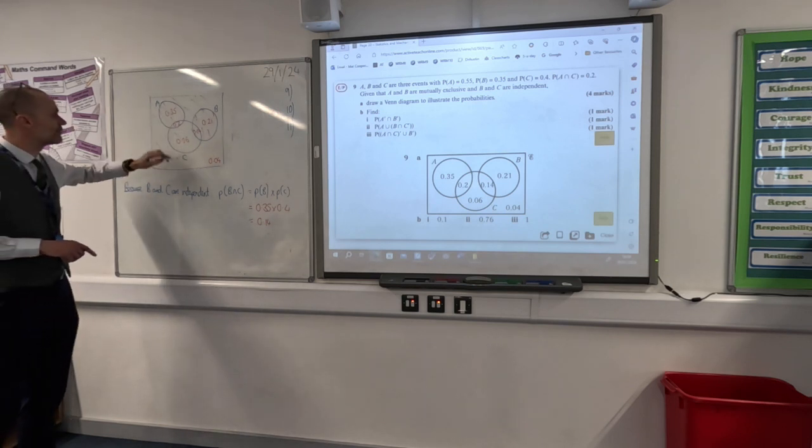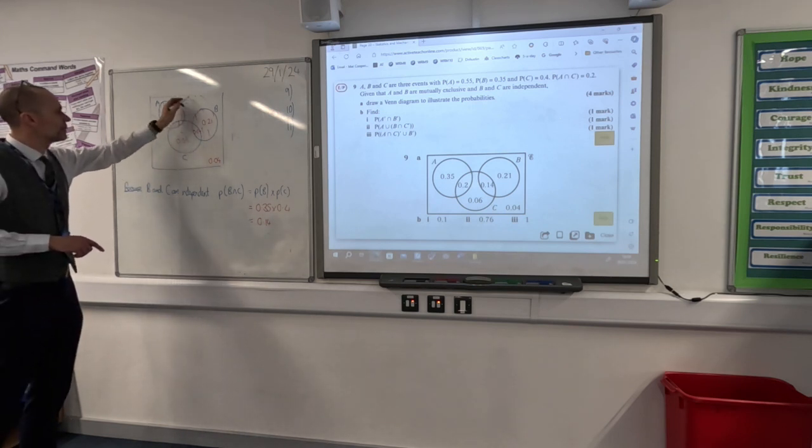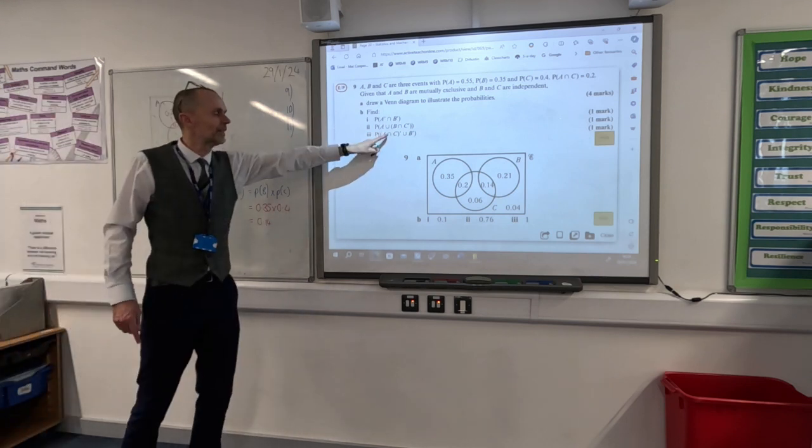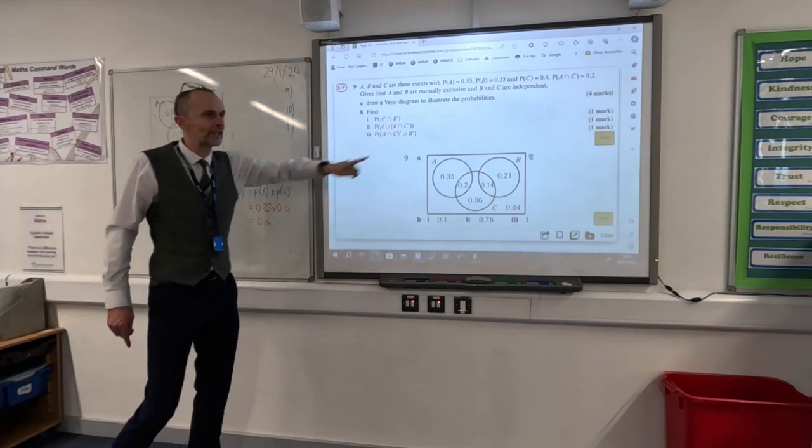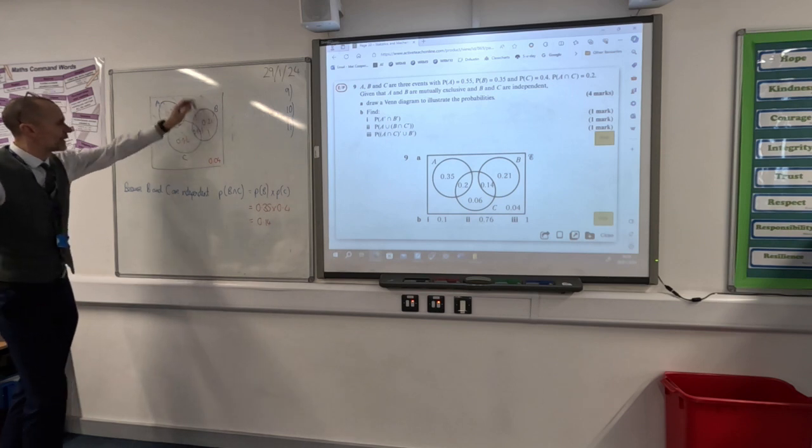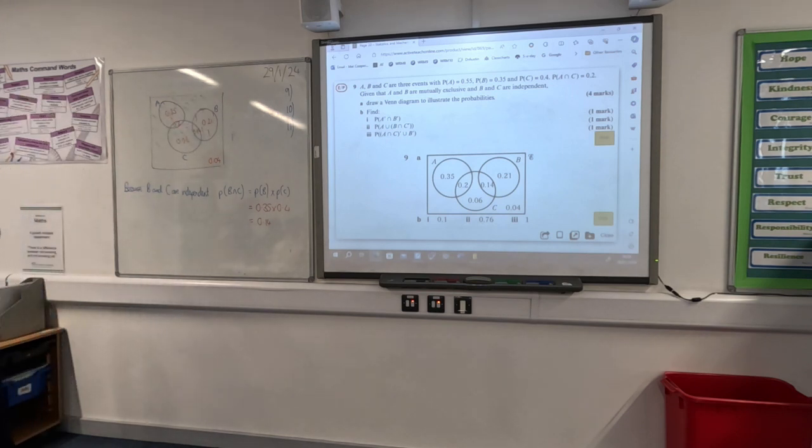So I've shaded everything apart from the 0.2 in this one. And it's that or everything not in B, which is everything around here. So I've shaded everything in either the left-hand side of that union or the right-hand side, so that's why it's exactly 1.